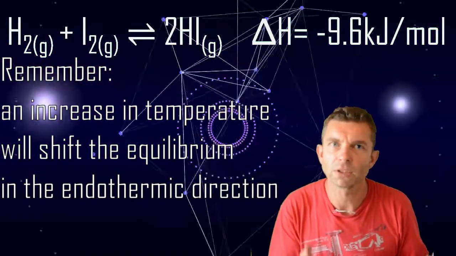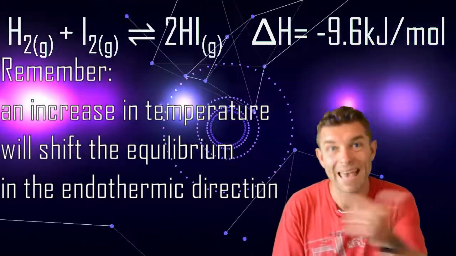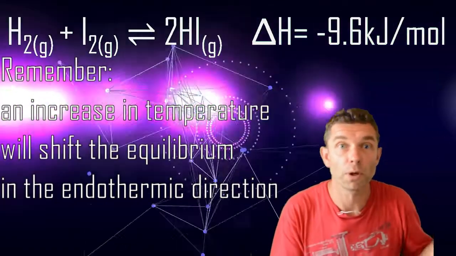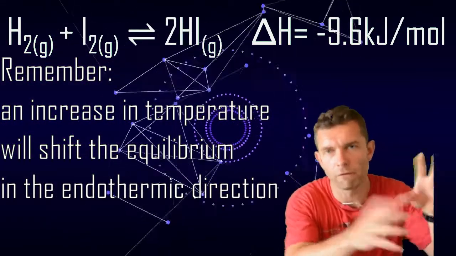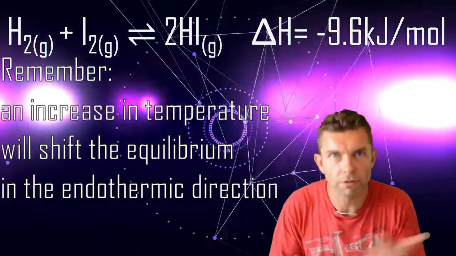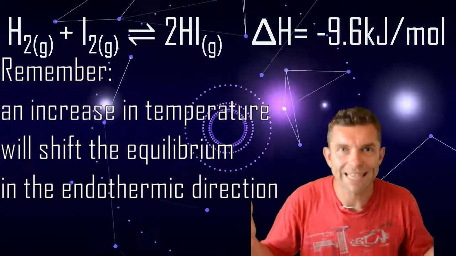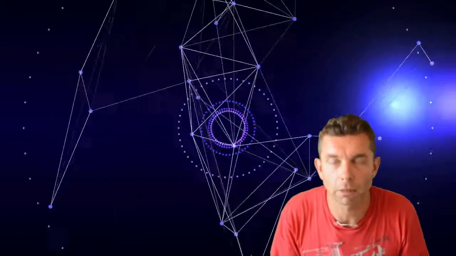So what's it going to do? It's going to favour the opposite direction. So it's going to go in the endothermic direction. So those hydrogen iodide molecules will then fall apart and reform hydrogen molecules and iodine molecules in the reverse direction, because that's going to take in energy for that to happen. So it's going to try and keep that equilibrium balanced.